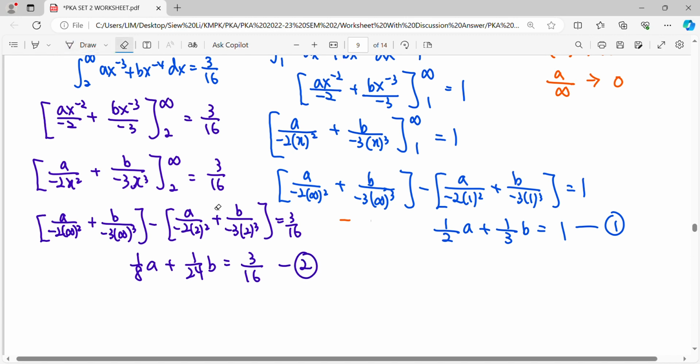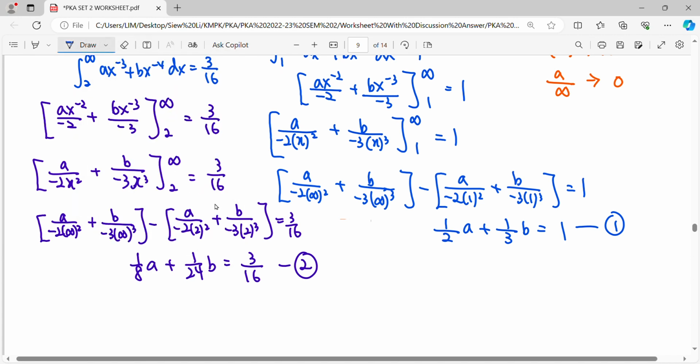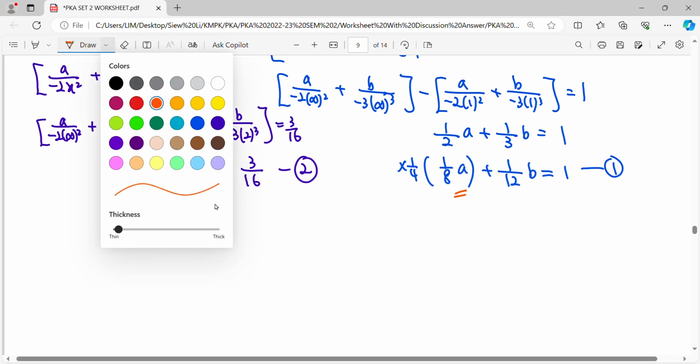To solve this simultaneous equation, we try to make it have the same term so that we can eliminate instead of substituting. So 1 over 2a and 1 over 8a, we can multiply by 1 over 4 so that I can get 1 over 8a. 1 over 12b equals 1 over 4, so that will be our third equation. Now we have the same term here, 1 over 8a and 1 over 8a, so we can do the elimination method.